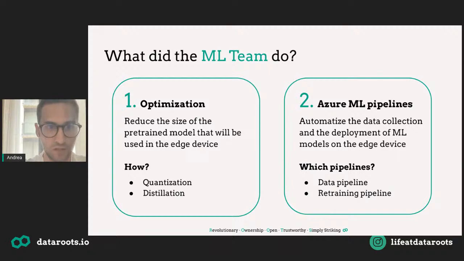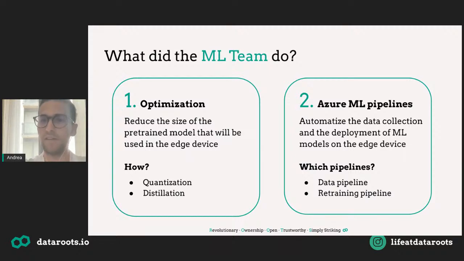Therefore, the first part of our work was to optimize the model as much as possible, and I will give you more details in the next slides. The second goal was to create automatic machine learning pipelines on Azure to pre-process the data, prepare the data for our model, and then train and assess the performance of our model. Again, all the steps of this pipeline will be discussed in the next slides.